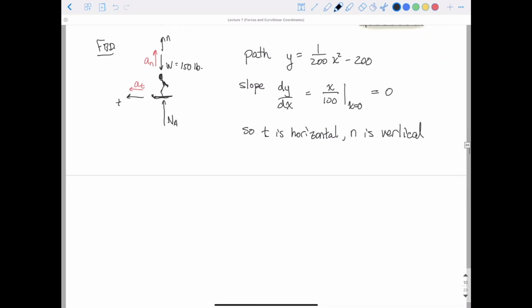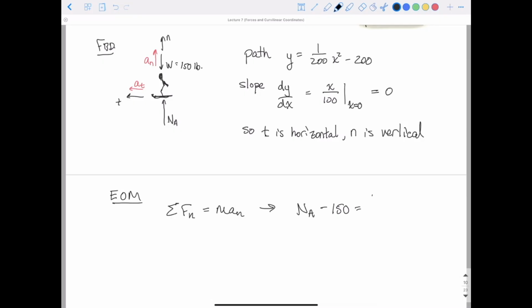So we can write our equations of motion. The sum of the forces in the normal direction equals m a_N. So our upwards normal force N_A minus our weight 150 is equal to our mass.